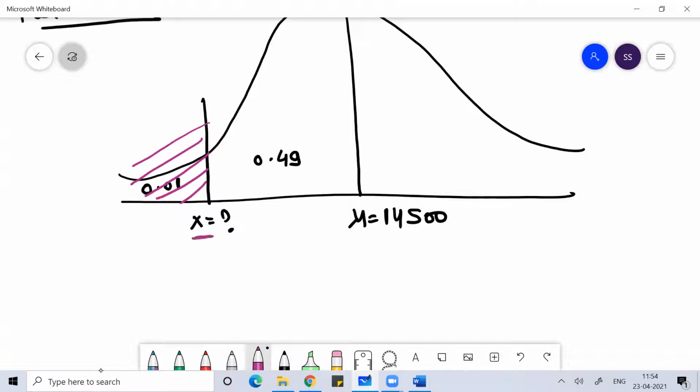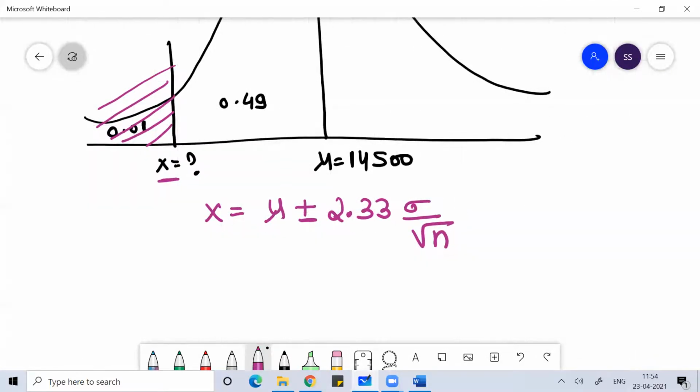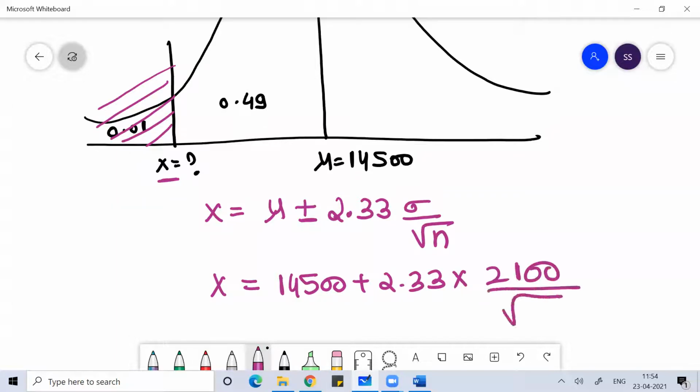So if you want to determine the barrier value, that would be mu plus or minus 2.33, because 2.33 is your area of acceptance, into sigma by root n. Sigma by root n is your standard error. So this is your value till where you can accept. Mu is 14,500 plus or minus 2.33 into sigma. Sigma is 2100, right? And root n, n is 25.